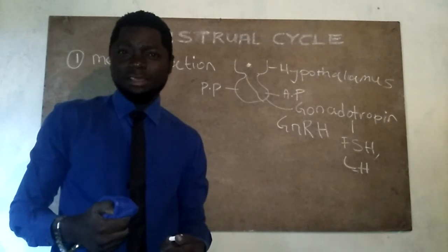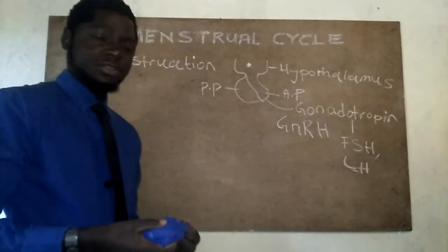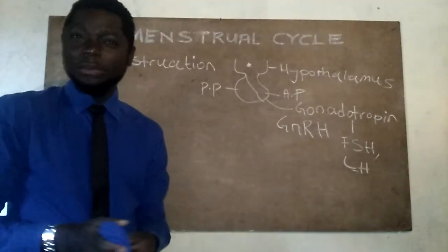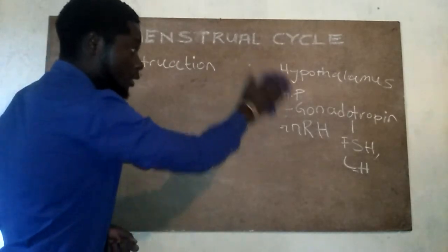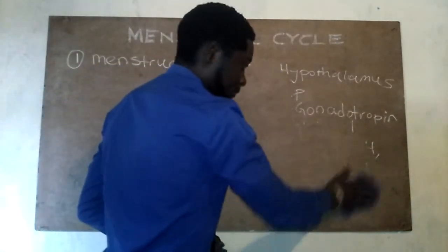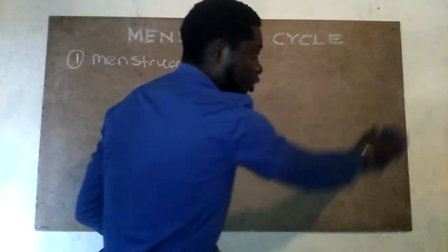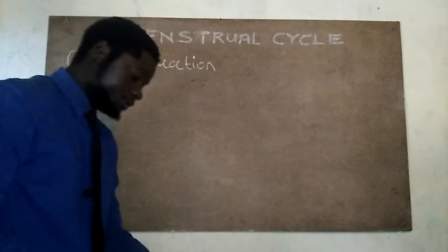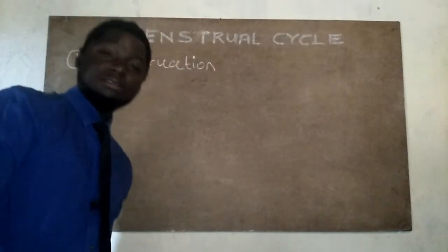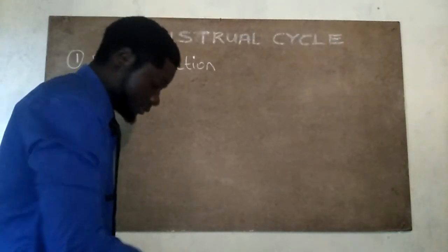This is the first day of the menstrual cycle in all women. So, for example, if someone has a menstrual cycle of 28 days, then their ovulation is likely to be on day 14, because ovulation takes place around the 14th day of the menstrual cycle, if the woman's cycle is regular.